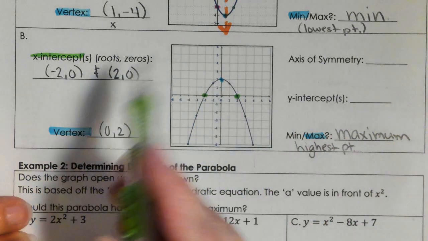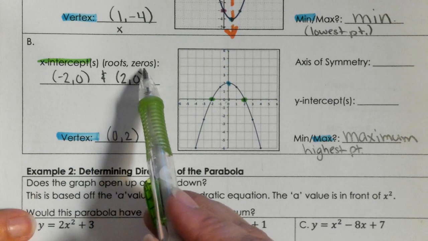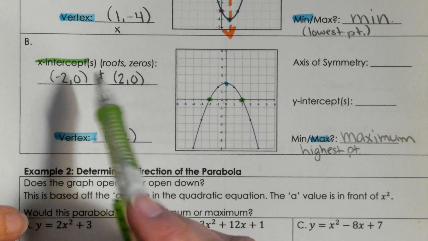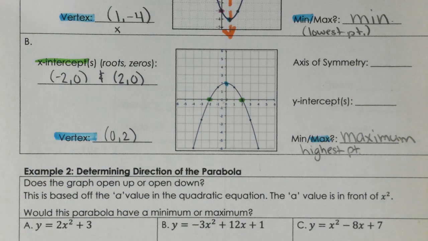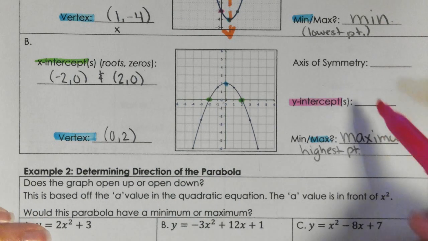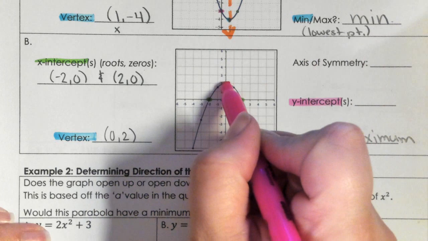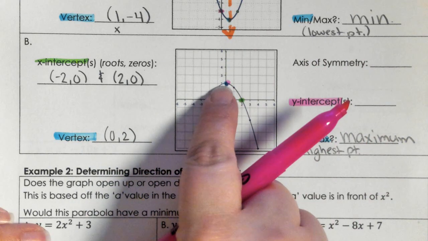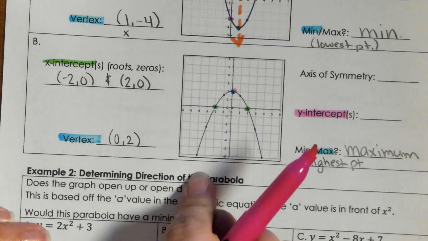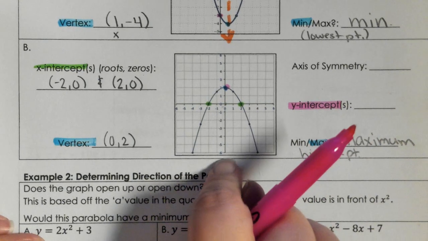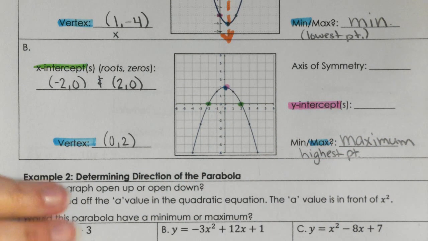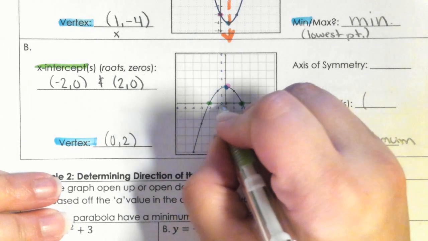And remember, we also can call that the roots, or the zeros, or the solutions. Next, the y-intercept, or intercepts. Now this one ends up being the same thing as the vertex. We see it's the only place where this parabola crosses the y-axis. So it would be the same point. So that would be 0, 2.